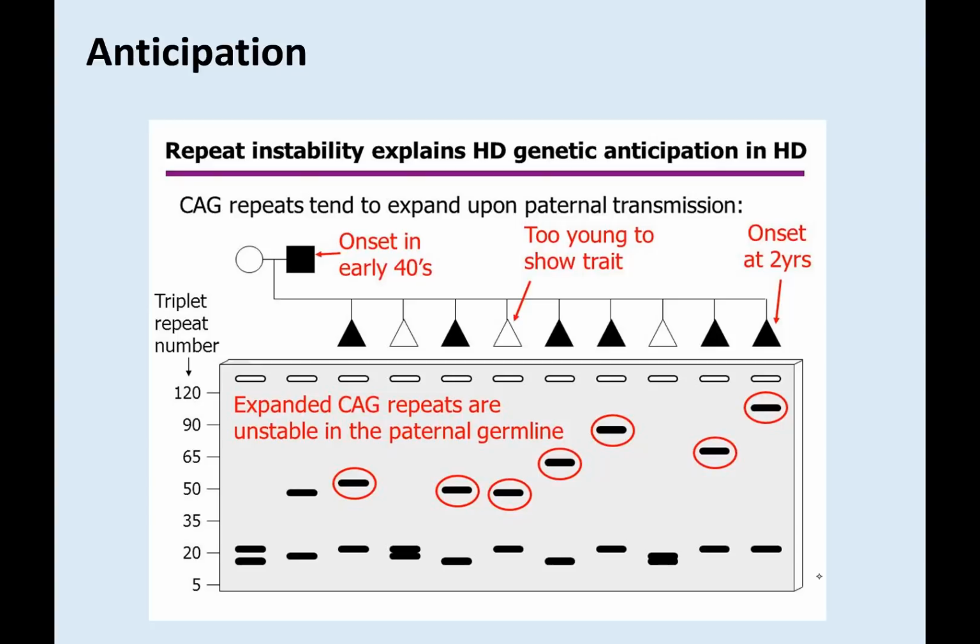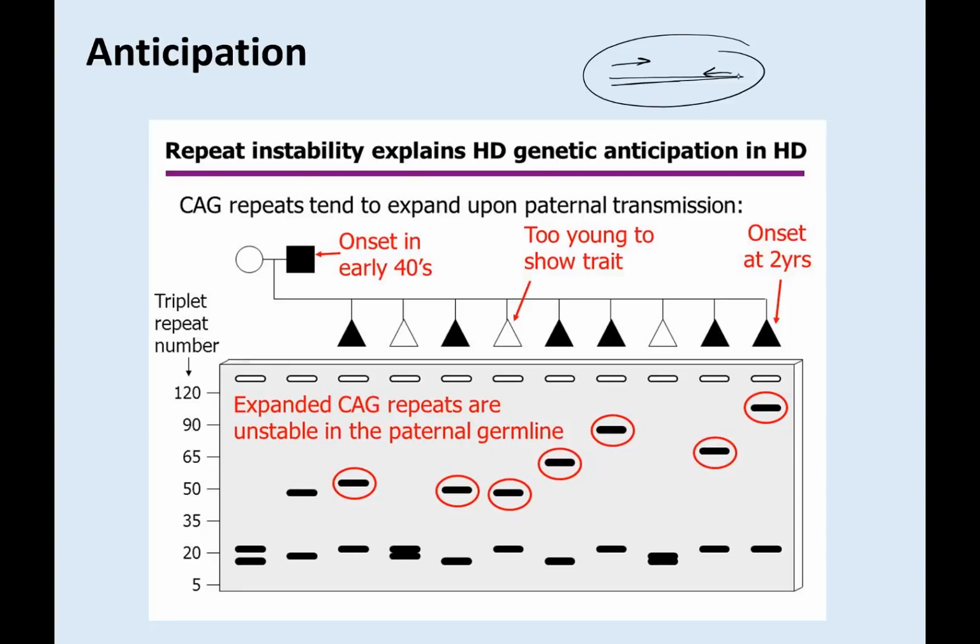The other thing that you can see with anticipation at a molecular level is you can see an increase in the size of DNA. So this is a DNA gel, and what we can do is we can amplify a little region of the DNA and look at that gene sequence. And it's in fact hard to look at the specific gene sequence, because just like DNA polymerase in the body will kind of forget where it is, DNA polymerase that we use for gene sequencing will forget where it is.